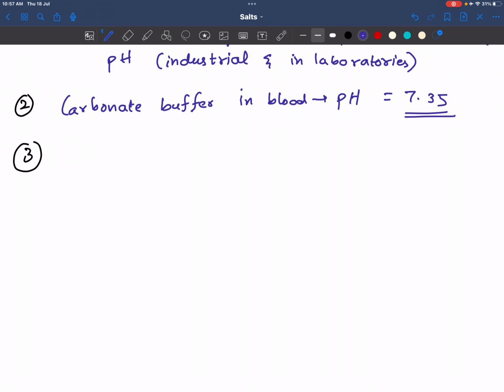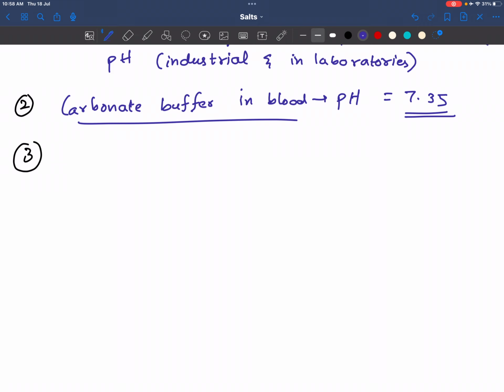For example, the carbonate buffer in blood, and in plants, we also see other buffers which help maintain the correct pH for certain enzymes to work. In the cytoplasm, you'll see some buffers which maintain the pH required for the enzymes to work properly. Because enzymes are very selective in nature, and they only work in certain conditions, which includes the correct pH.